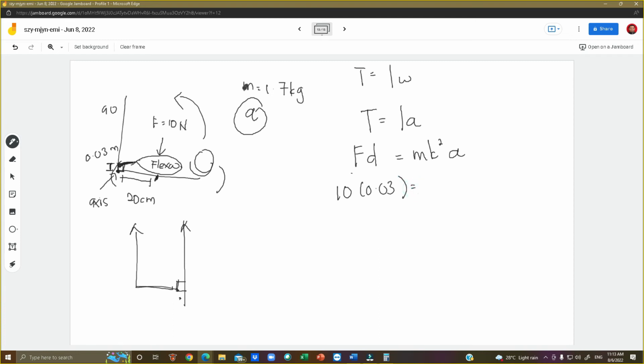Okay, and then mass of the object 1.7. K, the radius of gyration for this particular system 0.2 square and alpha. Dah boleh selesaikan. So we have alpha equals to 10 times 0.03 divide with 1.7 times 0.2 square.